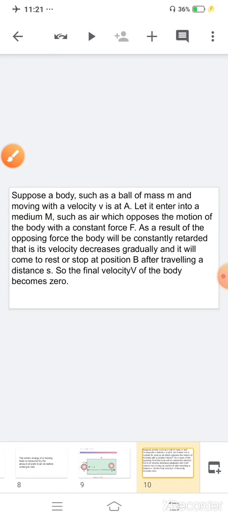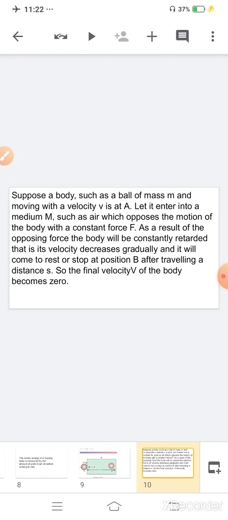I am reading this once more. Suppose a body such as a ball of mass m moving with a velocity v is at A. Let it enter into a medium, such as air, which opposes the motion of the body with a constant force F. As a result of the opposing force, the body will be constantly retarded.